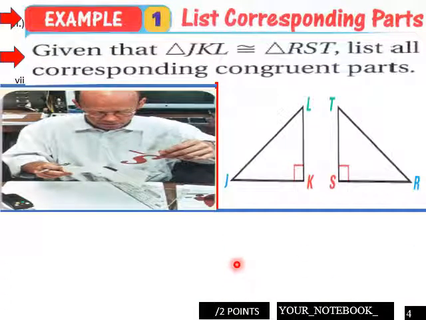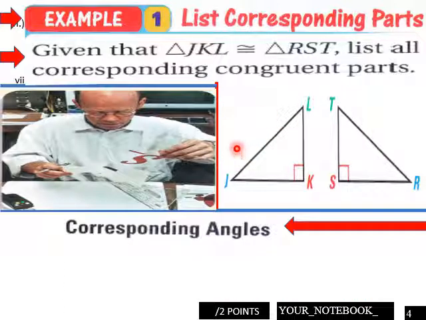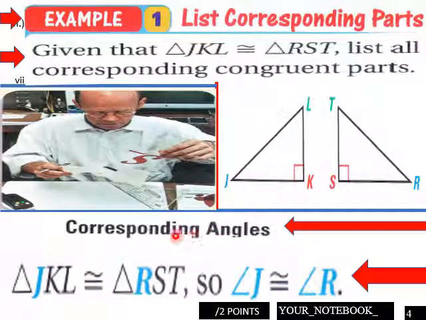List corresponding parts. Given triangle JKL is congruent to triangle RST, list all corresponding congruent parts for this, okay? Sketch this in your notebook. Corresponding angles: triangle JKL, triangle RST, so angle J is congruent to angle R. These two angles there.